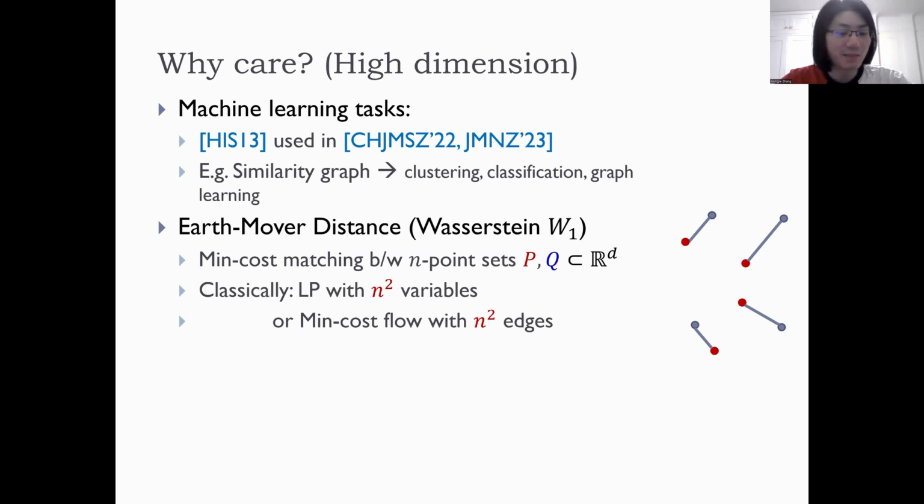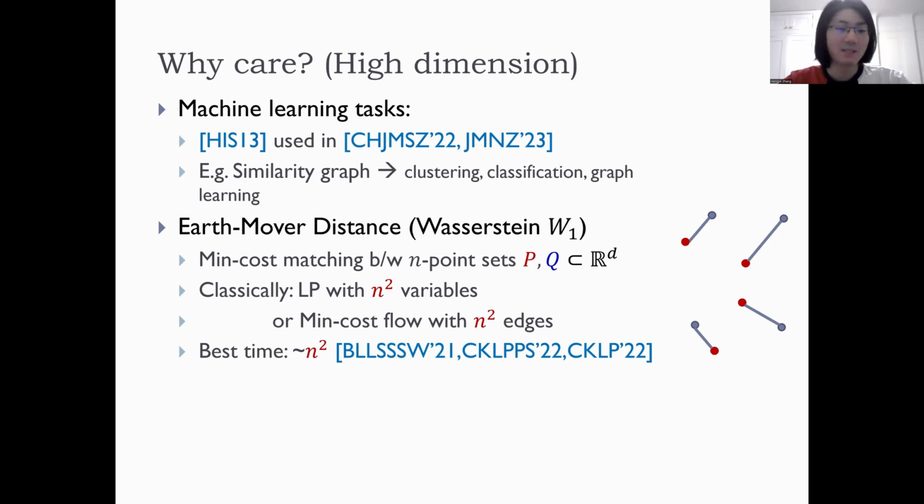Classically, this problem can be solved by running a linear program with n squared variables, or we can run a min cost flow with n squared edges. But neither of them can beat the n squared bound, since the input is already n squared.